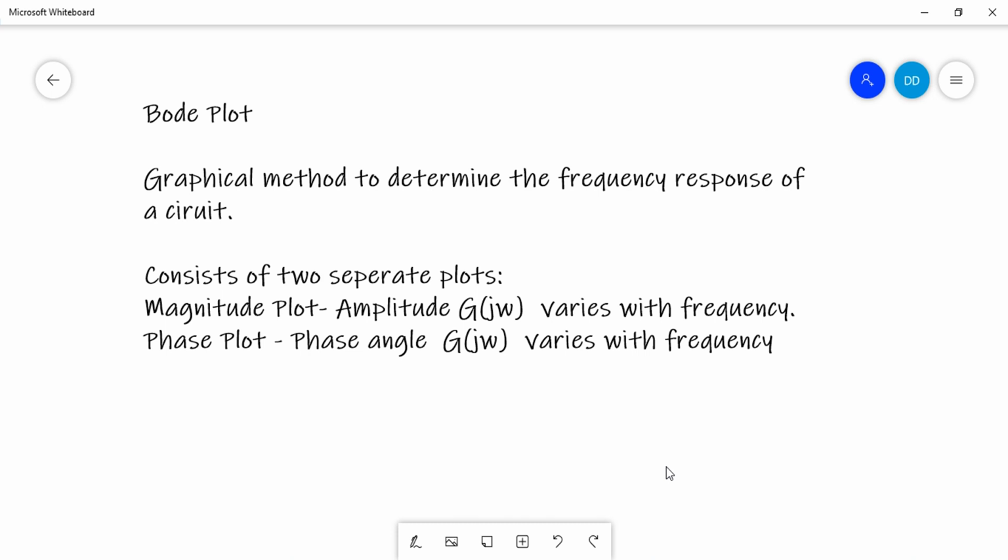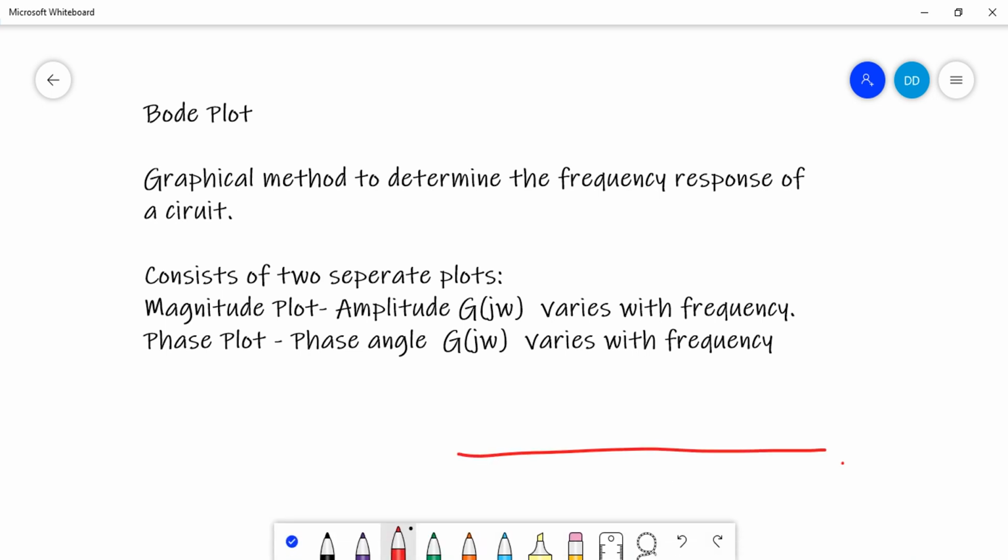So these Bode plots are made on semilog graph paper for obtaining greater accuracy and also to have a wide range of frequency values. In both the amplitude and phase plots, the frequency is plotted on the horizontal log scale, whereas the amplitude and the phase angle are plotted on the linear vertical scale.